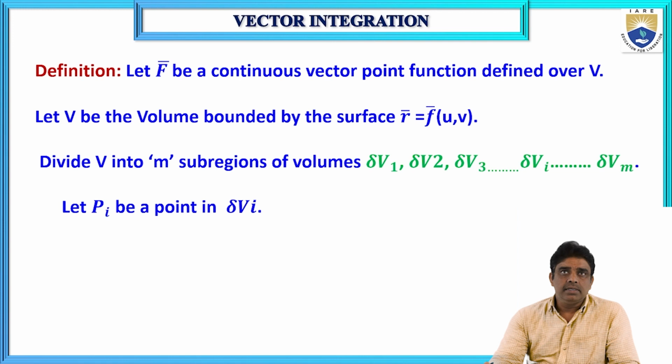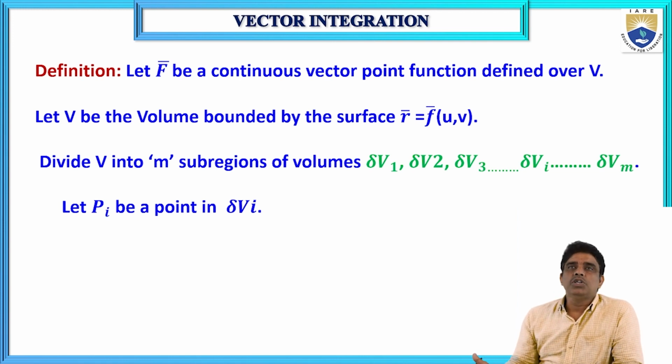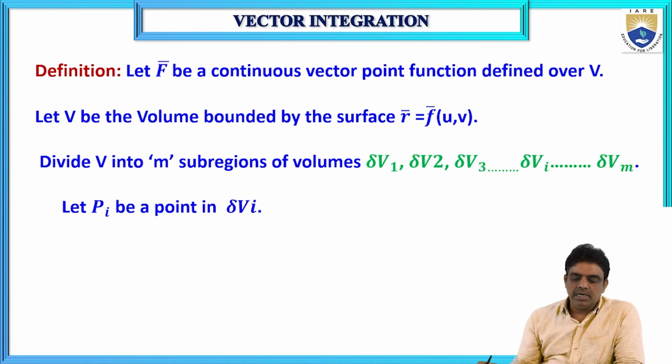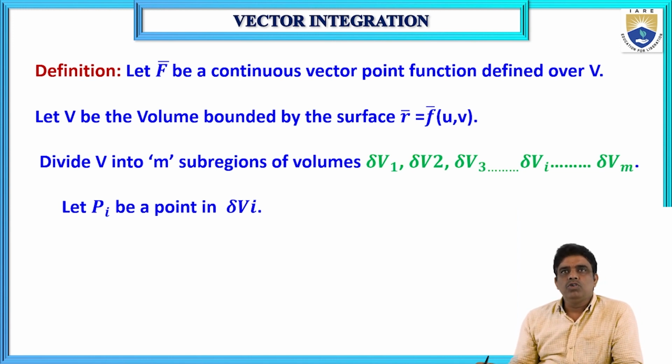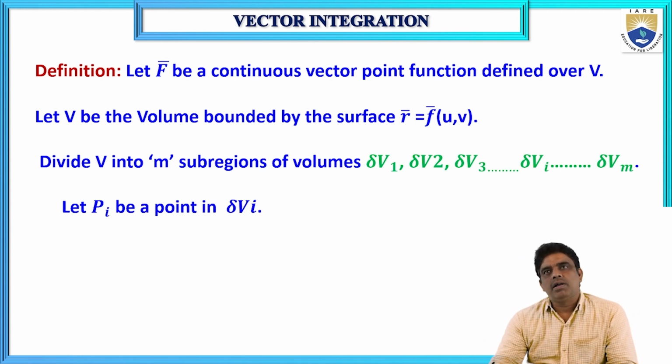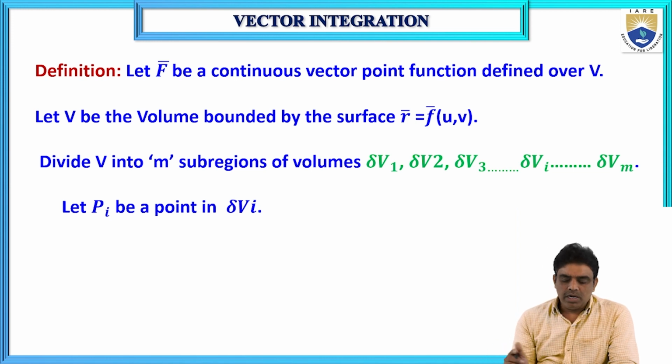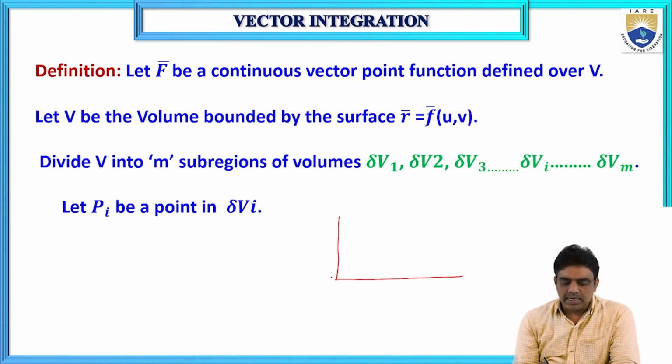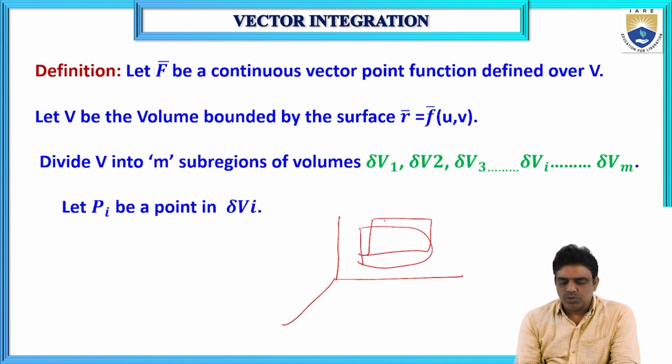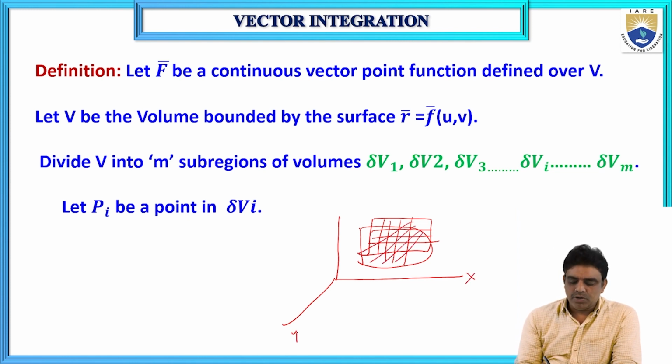Let us define. Let f bar be any continuous vector point function defined over the region V, and V is the volume bounded by the surface R bar is equal to f bar of u comma v. Now divide the total region V into m subregions by drawing lines parallel to x-axis, parallel to y-axis, and parallel to z-axis.